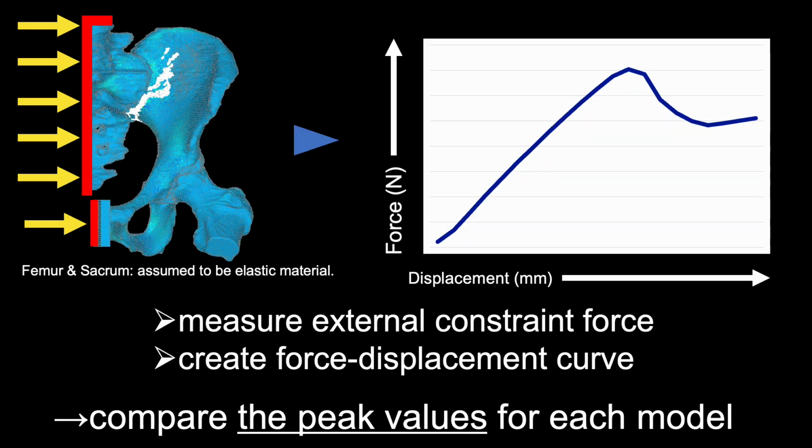In this analysis, we defined the sacrum and femur as elastic material. We measured the external constraint force and created a force displacement curve. We defined the peak value of the curve as the load value at which fracture begins to occur, and then we compared it across models.